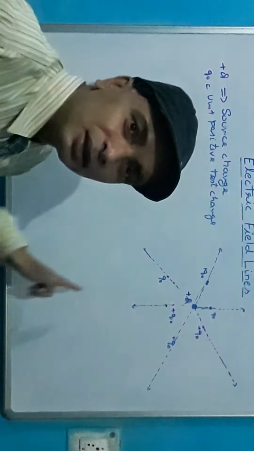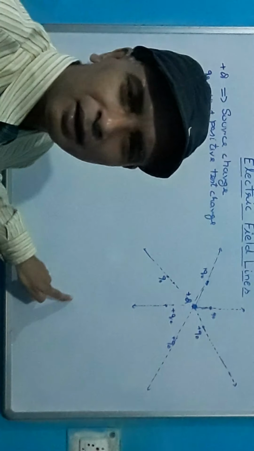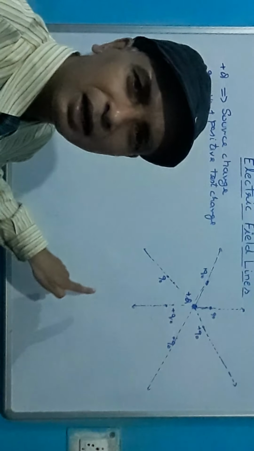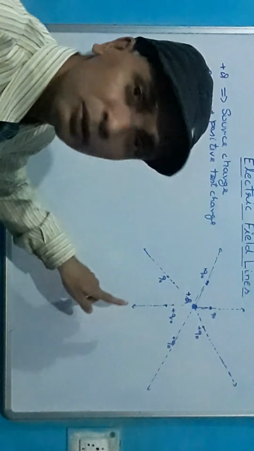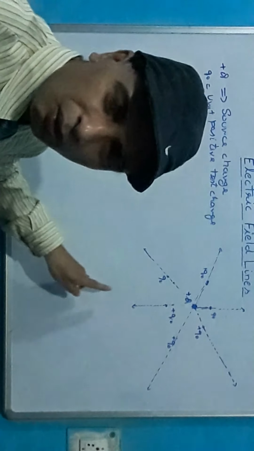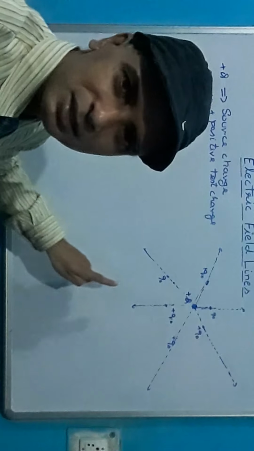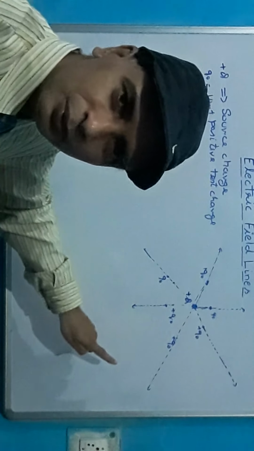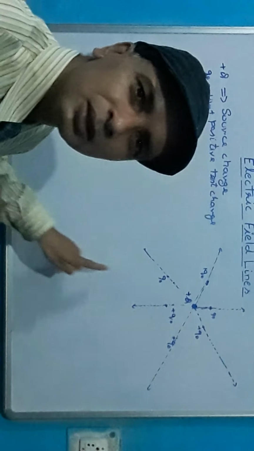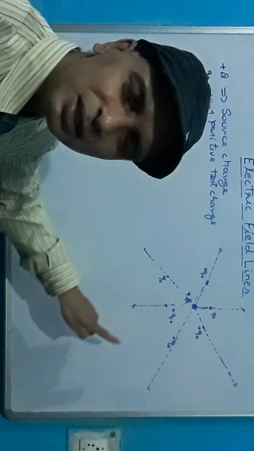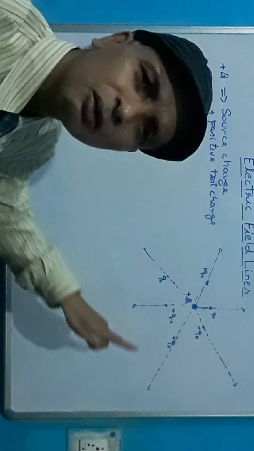So these lines represent the electric field lines. What are electric field lines? Electric field lines are those curves on which a unit test charge would move if it is free to move. These curves are known as electric field lines.